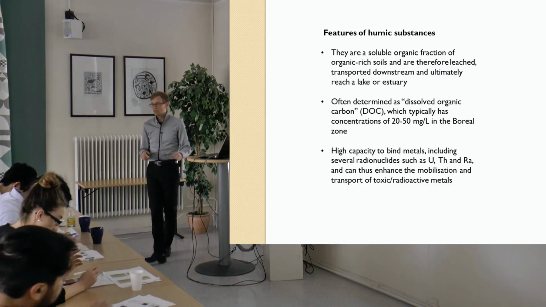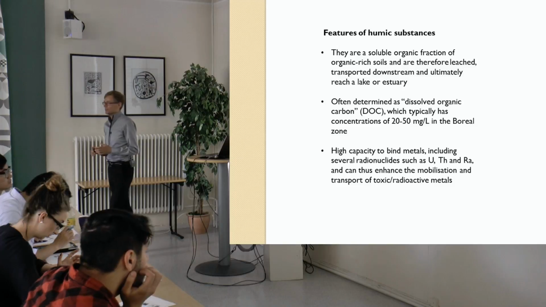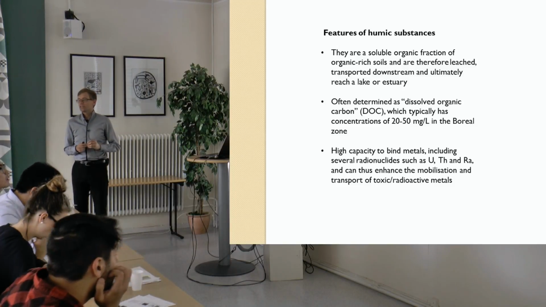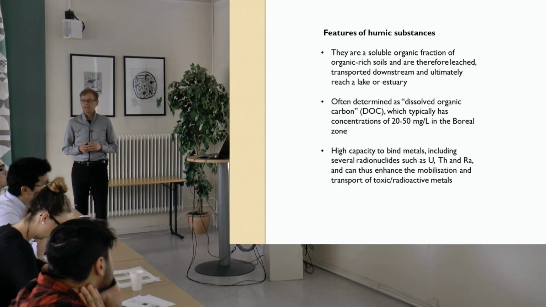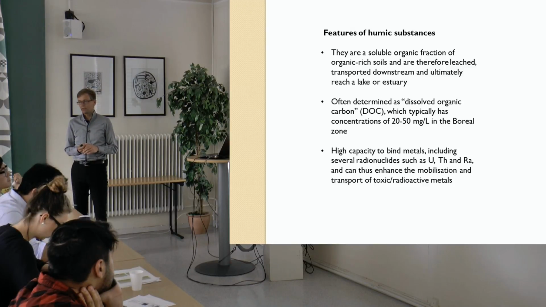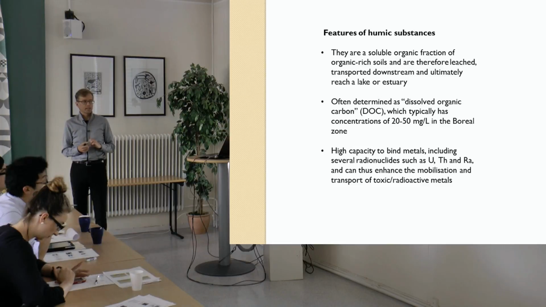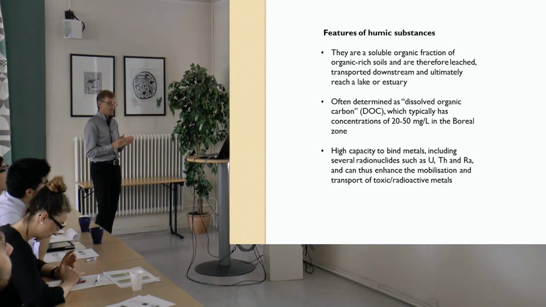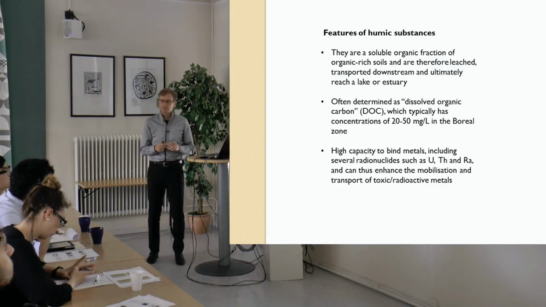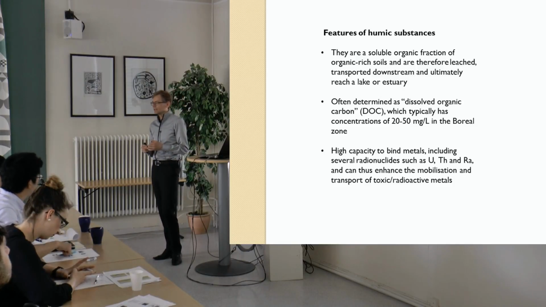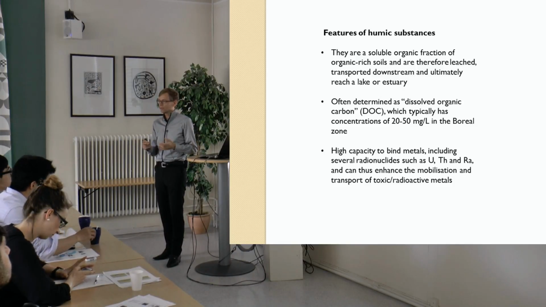And this last one is quite an important feature in the context we are in now. These humic substances have a high capacity to bind metals, including several radionuclides, such as uranium, thorium, radium. And this, of course, can enhance the mobilization and transport of these metals. So they are giving the waters a color, which somebody thinks is nice, somebody doesn't like at all.